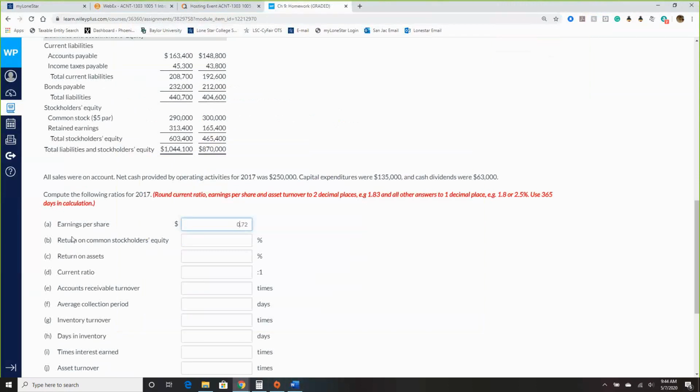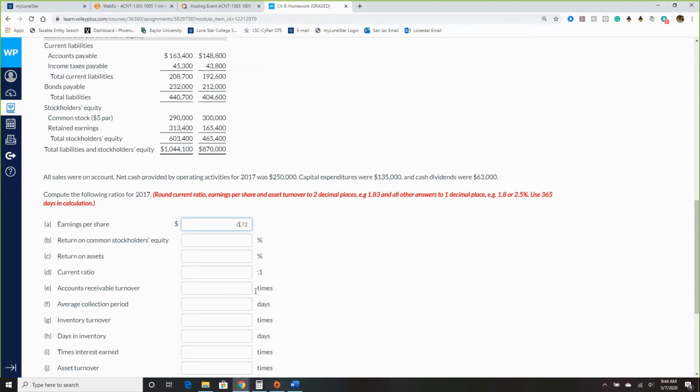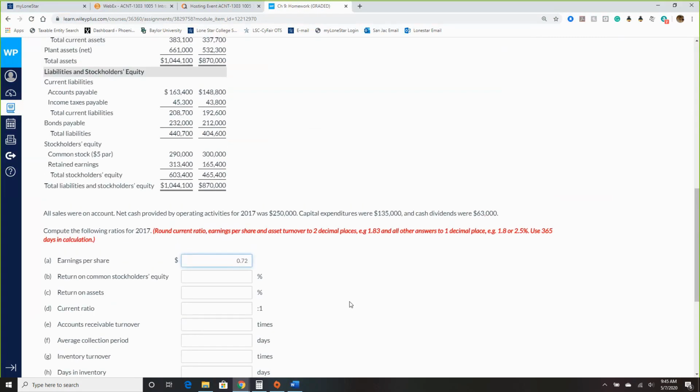Alright, next one is return on common stockholders' equity. So let's go look at that formula. Again, net income minus preferred dividends divided by average common stockholders' equity. And common stockholders' equity. Something is a little off here.